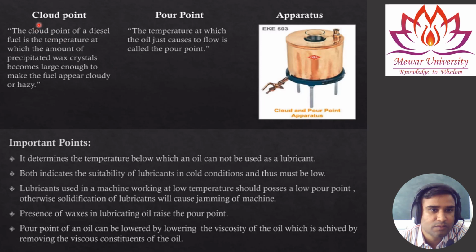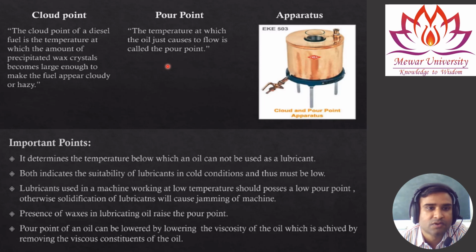Now we have cloud point and pour point. What is cloud point? The cloud point of a diesel fuel is the temperature at which the amount of precipitated wax crystals becomes large enough to make the fuel appear cloudy or hazy. Pour point is the temperature at which the oil just ceases to flow.